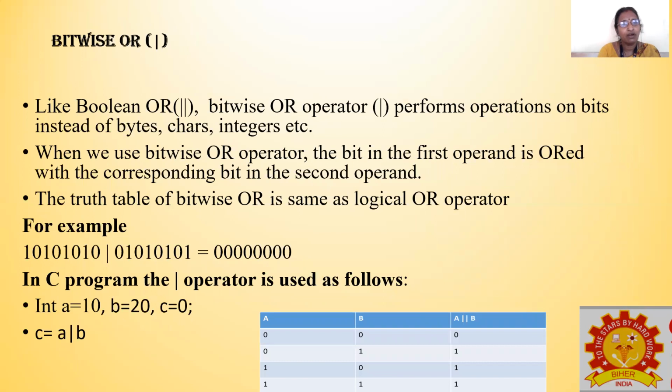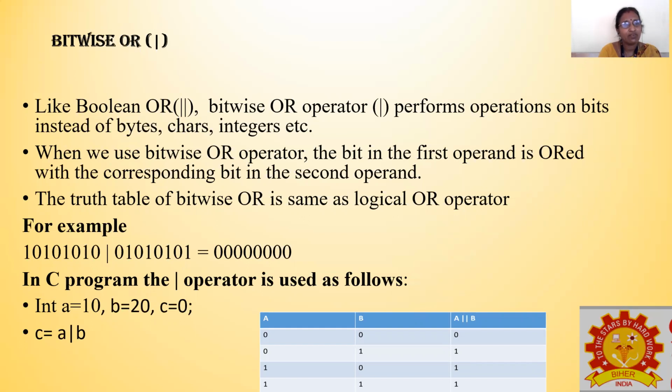Like Boolean OR, bitwise OR performs the operation on bits instead of bytes. When we use the bitwise OR operator, the bit in the first operand is ORed with the corresponding bit of the second operand. The truth table of the bitwise OR is the same as logical OR. Here the bit representations of two integers are given: 10101010 and the second one 01010101.